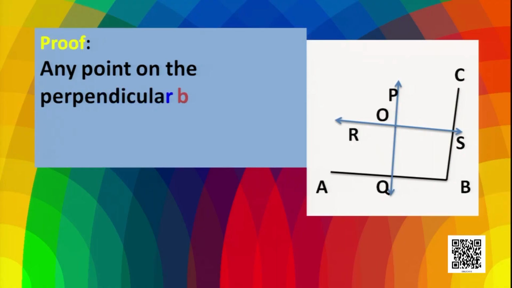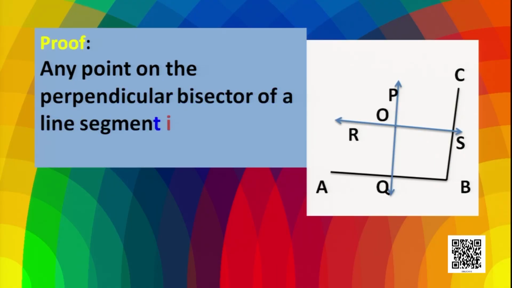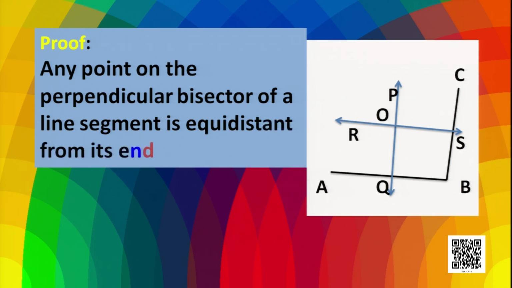Now let's start the proof. Any point on the perpendicular bisector of a line segment is equidistant from its endpoints. This is one of the statements proved in chapter 7.